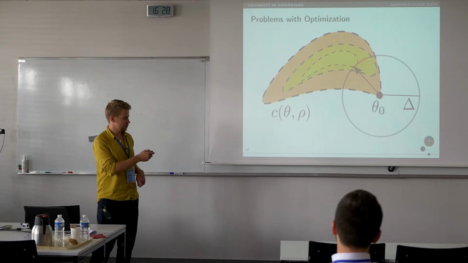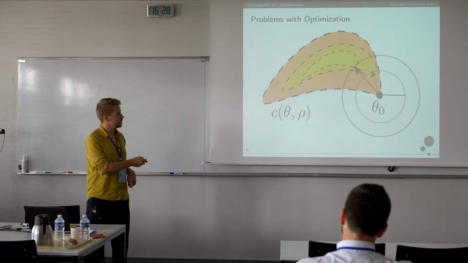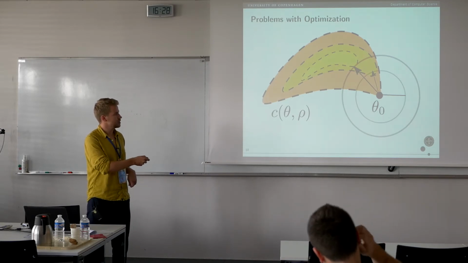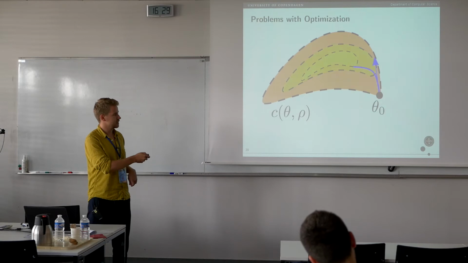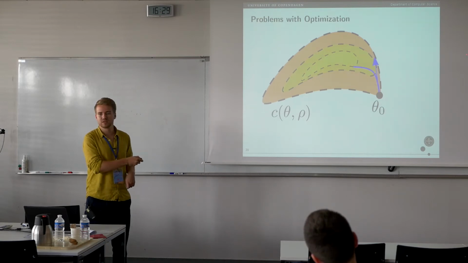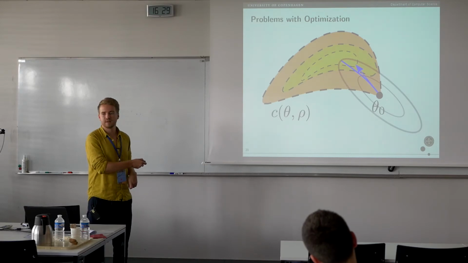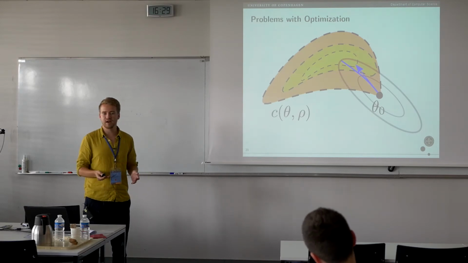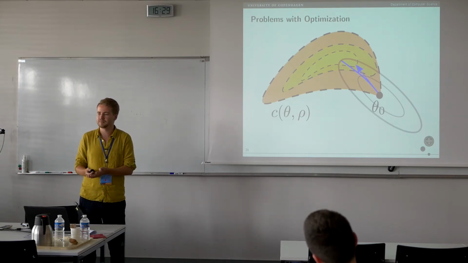So what we do is we find the minimum within this trust region, and then if we vary the trust region and let it go to 0, we get this path, and the path here has the gradient as its tangent. But do note that if we actually change how our unit spheres look, then we will get a different gradient here. And this is the entire point behind why Riemannian gradients are different from just vanilla Euclidean gradients.